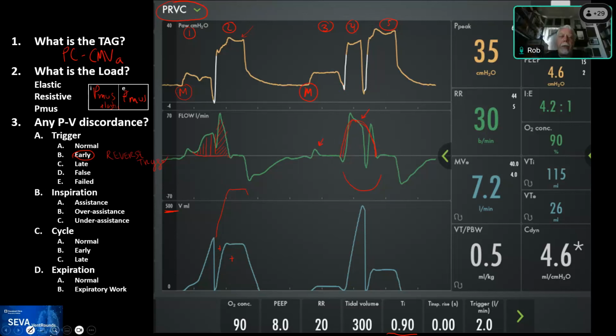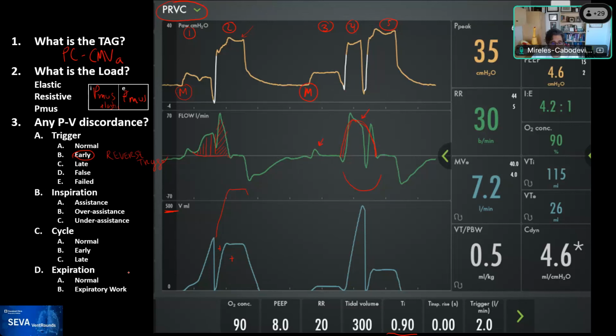Yeah, Saul points out that breath number 3 could possibly be thought of as a failed trigger. And I suspect he says that because if you look at the exponential, the curve is not a smooth exponential, right? You see two little bumps towards 0. Are those failed trigger efforts, or are those cardiac oscillations?